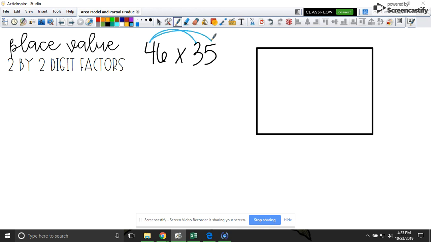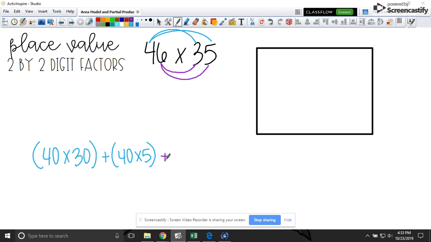So we're going to start that off by doing 40 times 30 plus 40 times 5. And then we're going to do 6 times 30 and 6 times 5. So plus 6 times 30 and 6 times 5.